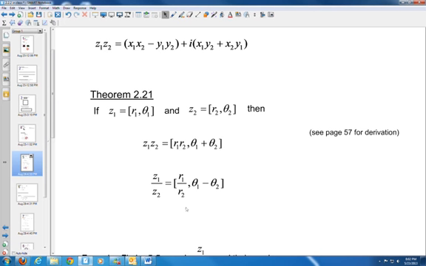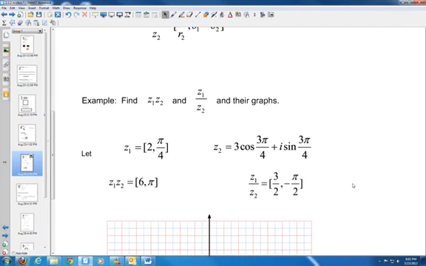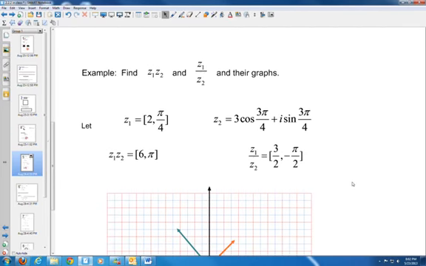For division, we simply divide r1 over r2 and subtract the angles. These formulas are derived from the binomial formula on page 57 of your textbook. You should look at it. Quite beautiful.